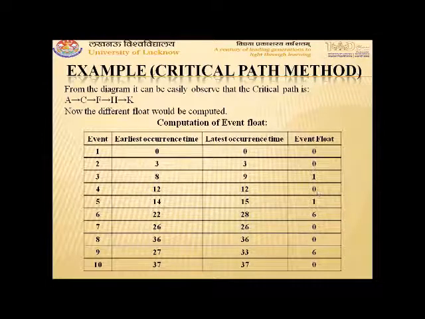Here you can see that for events 3, 5, 6, and 9, the event float comes out positive, whereas for events 1, 2, 4, 7, 8, and 10, event floats are 0. From this you can identify that these events are on the critical path. For events on the critical path, event float always comes out to be 0, and for events not on the critical path, event float does not come out to be 0.